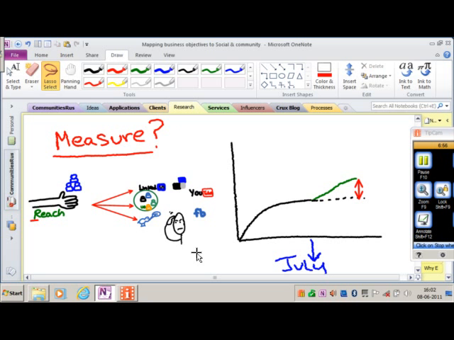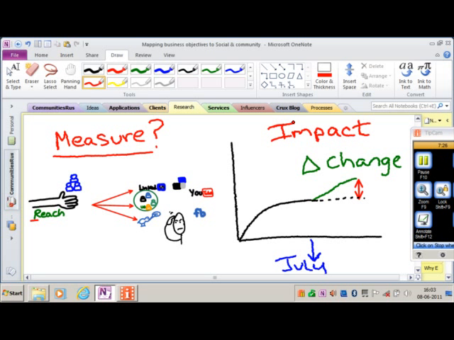So this change, or delta, is what you will use to show the effectiveness of that community activity, or the tactical activity of engaging with customers on those social media channels. And that's how you would be able to show the impact of this particular activity which you've undertaken, and how it has helped the sales in terms of actually reaching out to new customers.